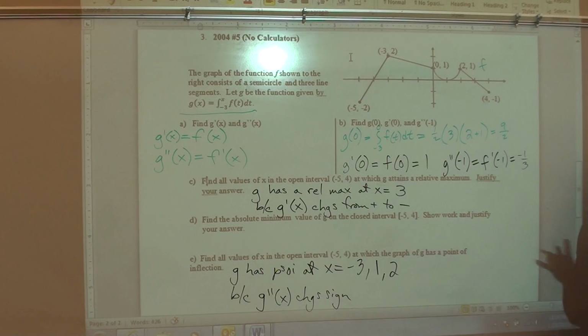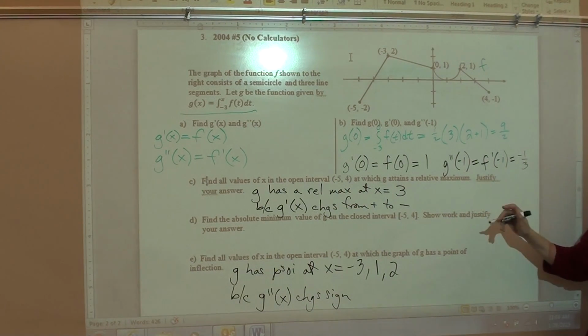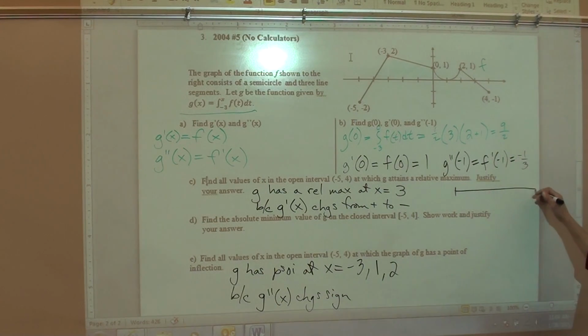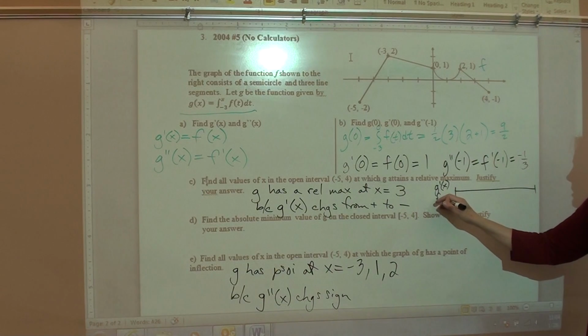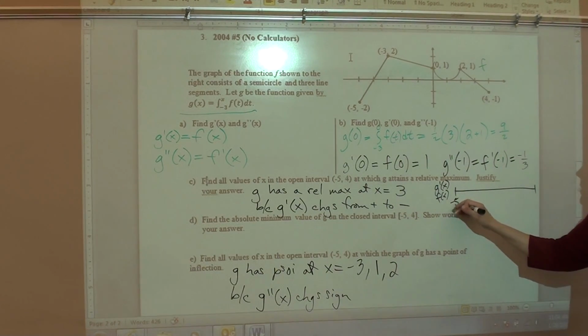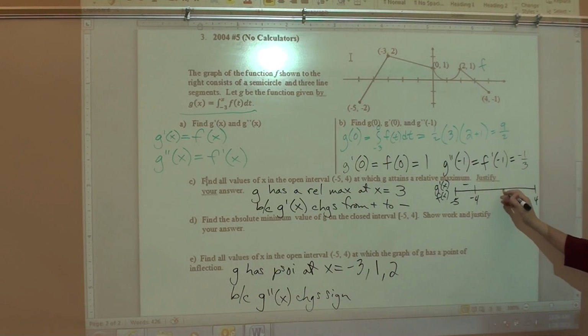All right, talk to me. Does that make sense? Okay. If you need to do these with sign lines, that's absolutely fine. Just be very, very clear when you make your sign line. If I was to make a sign line for G prime, I would also label it as F. I go from -5 to 4, and then I would say, all right, so we are negative, and we are positive to 1, and we're still positive after 1 all the way to 3, and then we're negative.